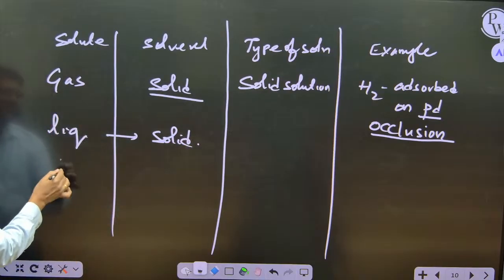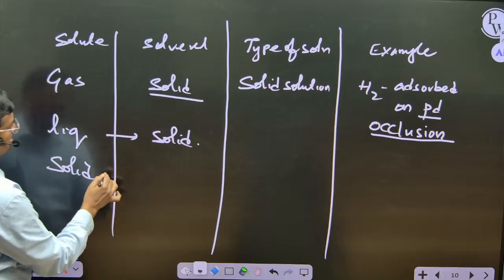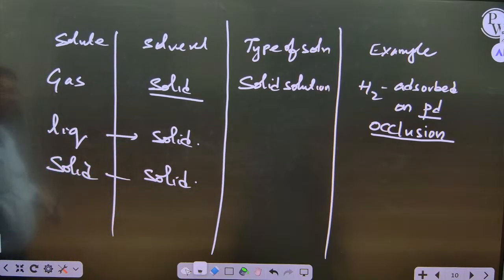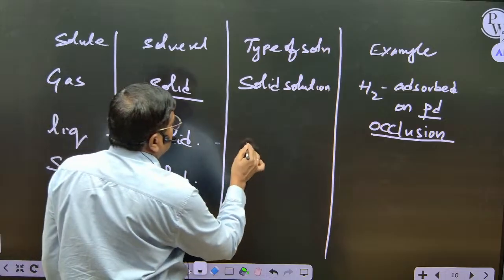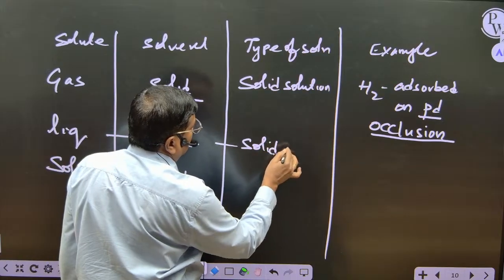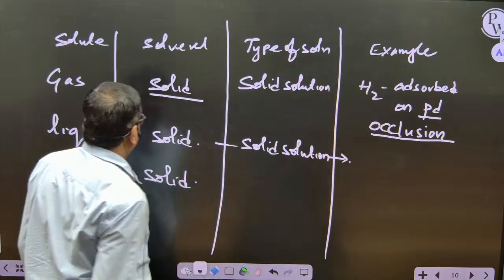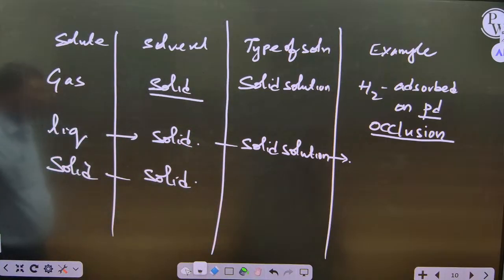And the last one is solid in solid. So liquid in solid, here solid is more amount, we call this as what? A solid solution. Now what is the example for liquid in solid?